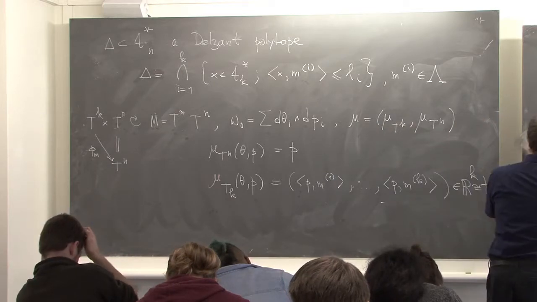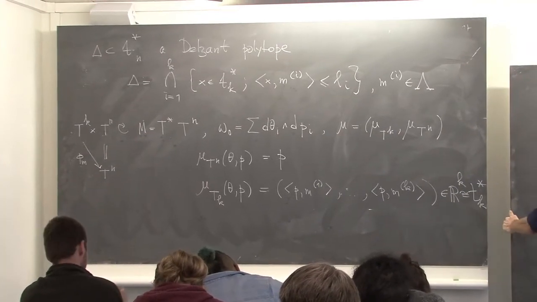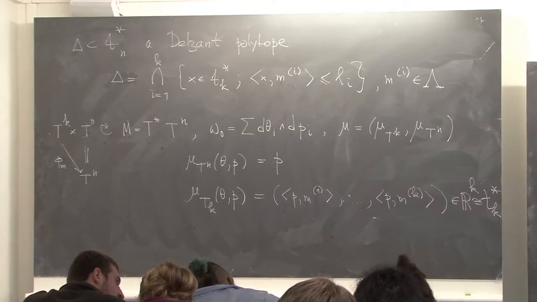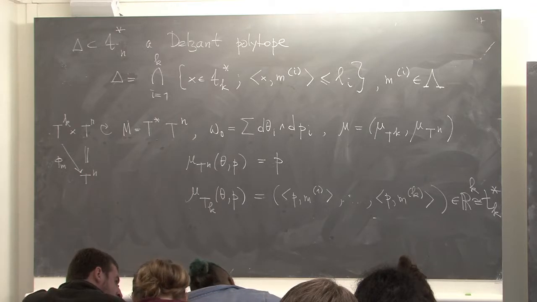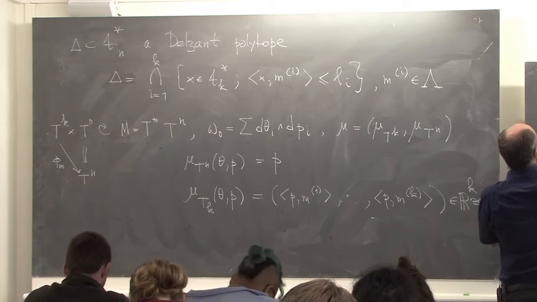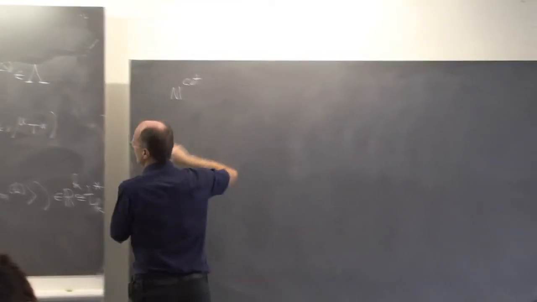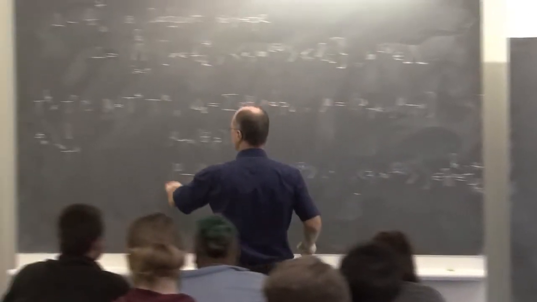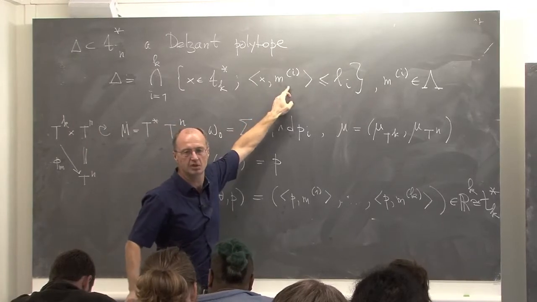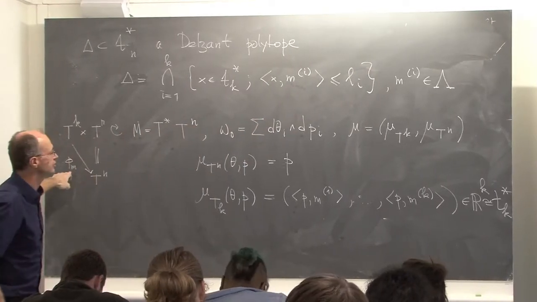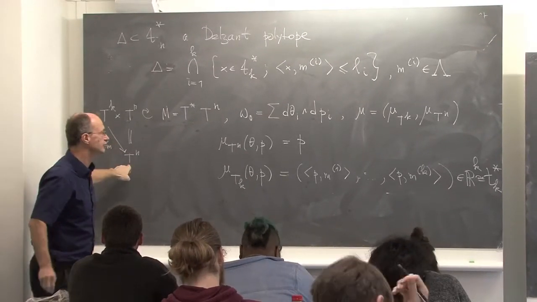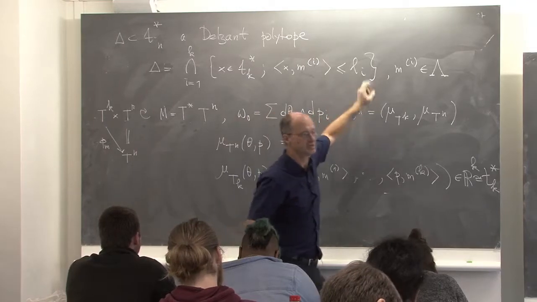Well, now we can do symplectic cutting. And up to now, we used those data m, those vectors, to define the homomorphism from Tk to Tn. Now, what about those li's?